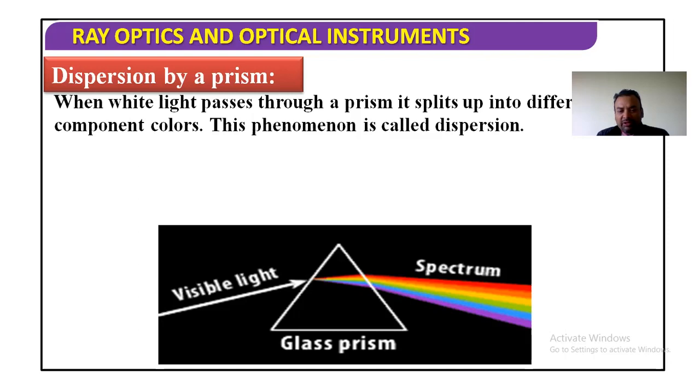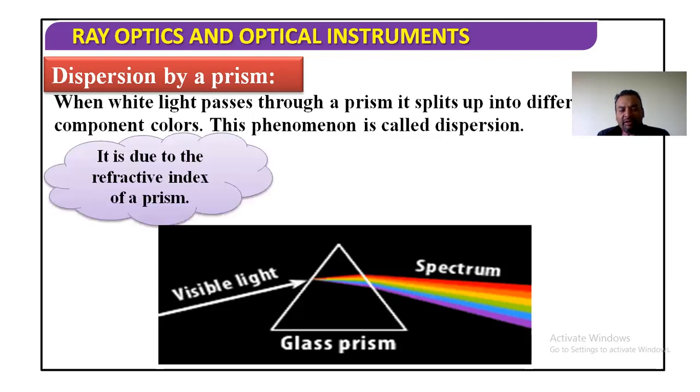So the water droplets are behaving like a prism. Prism action is not compulsory to be done with a prism only. It can be done with water drops, even with many objects, right? So the basic purpose of the dispersion of light is to split the light into its constituent colors, into its constituent wavelengths. That is called the dispersion of light.